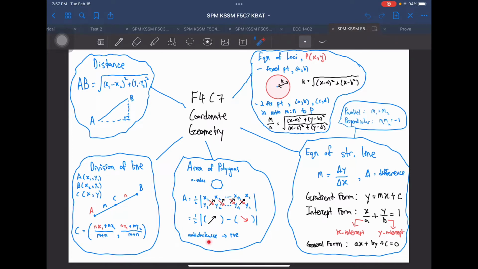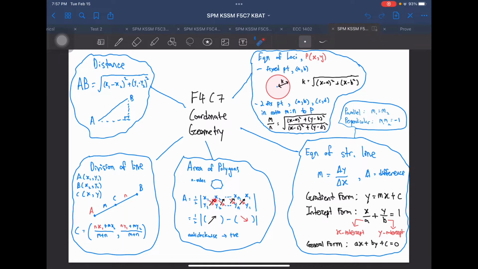And this is the area of polygons, where if you are given an n-sided polygon and n coordinates, determine the area of this polygon. The area of a polygon is given by 1 over 2, the absolute value of the product of this minus the product of this.